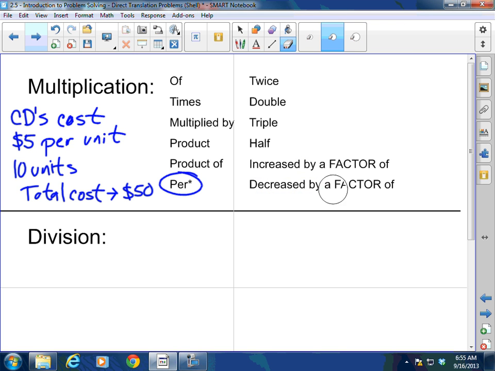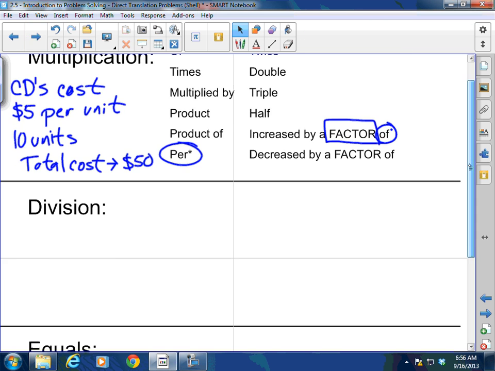But if I have increased by a factor of, that means multiply, and factors are numbers that go into other numbers, so they're representing multiplication. So increased by a factor of or decreased by a factor of will indicate multiplication as well.